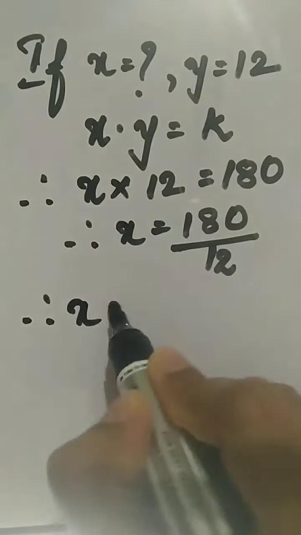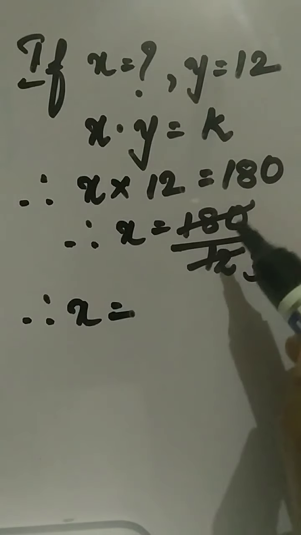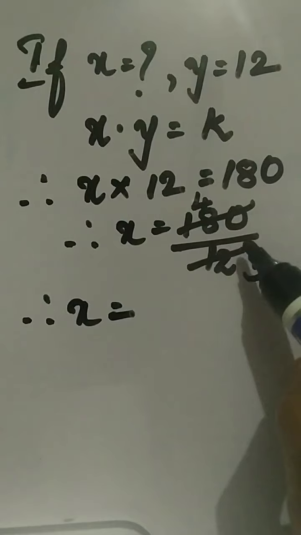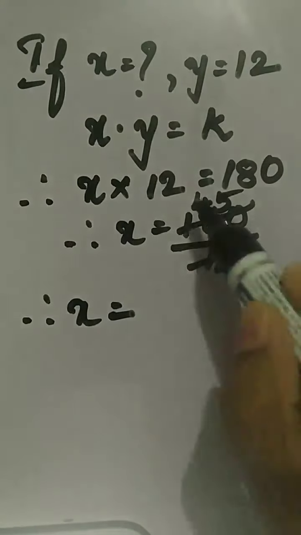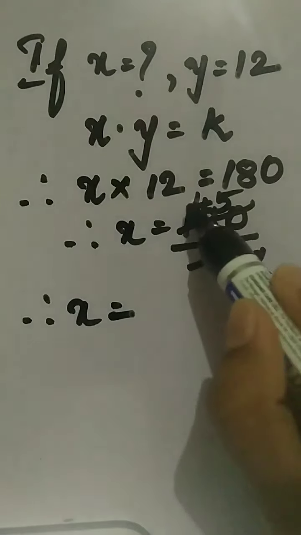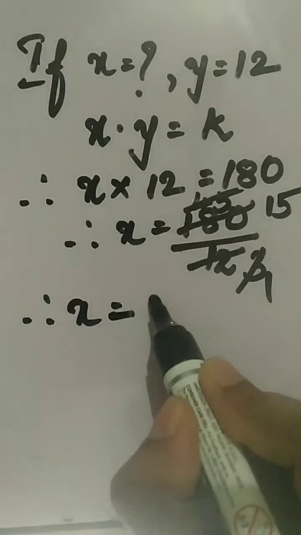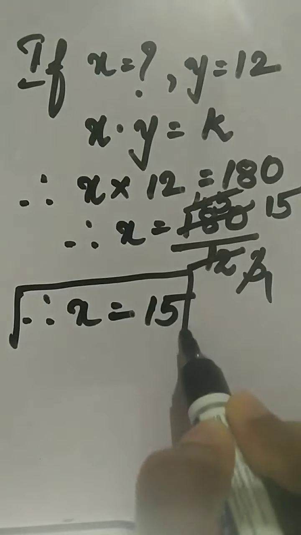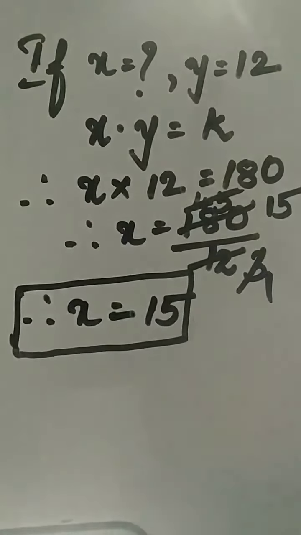Therefore x is equal to, 4 3s are 12. I am dividing by 4. 4 my favorite table. 4 4s are 16. 2 remains, 2 and 0, 20. 4 5s are 20. Again this can be divided. 3 1s are 3 and 15. 3 fives are 15. So I got x is equal to 15. If you are good in tables, you can directly divide by 12. You will get the same number.